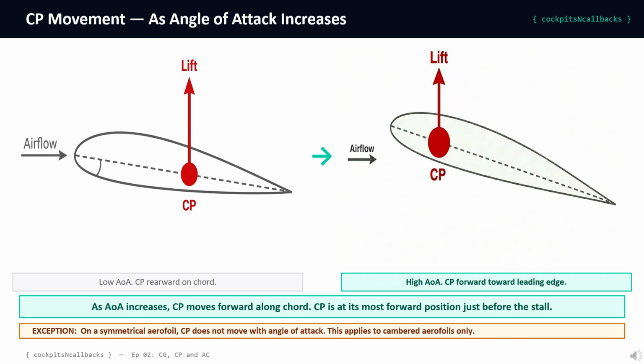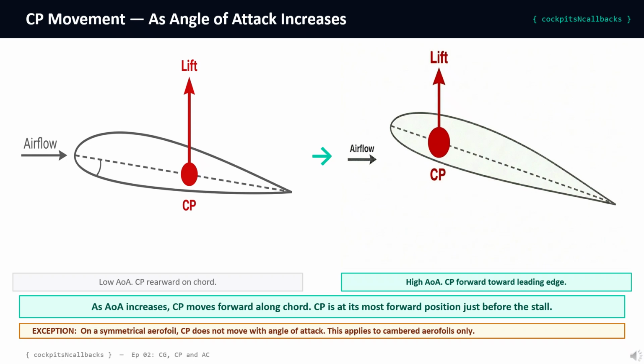Look at the aerofoil on the left. This is low angle of attack. Find the CP dot on the chord and notice where it sits, well back toward the trailing edge. Now shift your eyes to the aerofoil on the right where angle of attack has increased. That same CP dot has moved forward closer to the leading edge. The pressure distribution over the upper surface has shifted forward, and CP has moved with it.